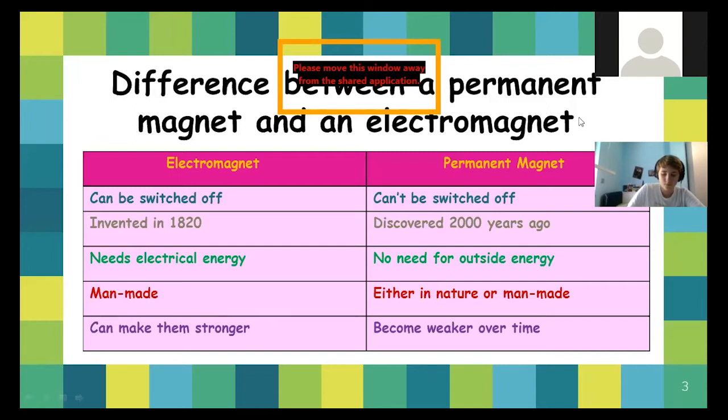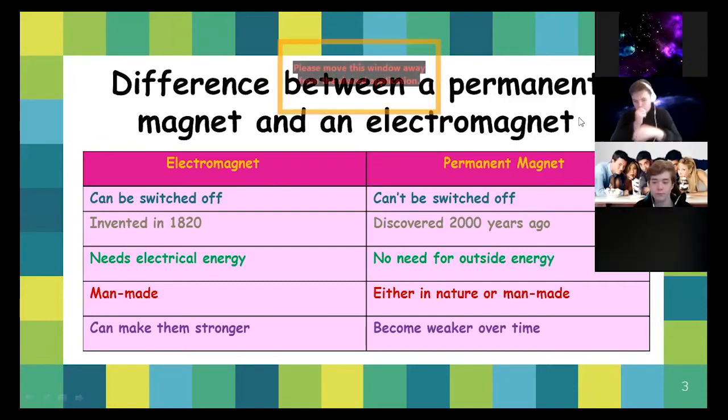Some rocks were found that experience magnetic powers, in a place known as Magnesia, so they got this name, magnets, and then we can control their strength to see their uses in different appliances or devices. Okay.